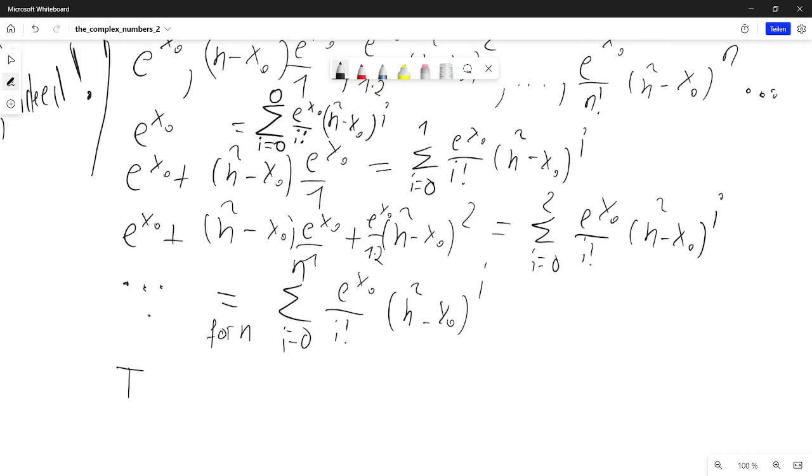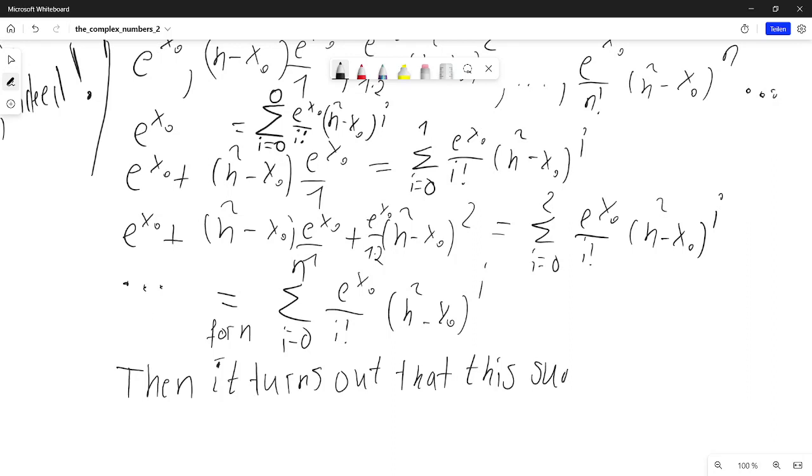Then it turns out that the sequence, that is the sequence of the sums, converges.